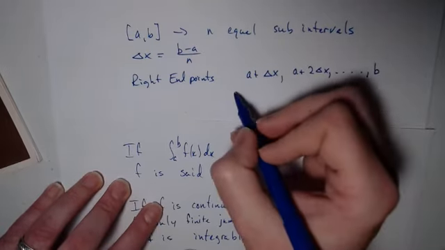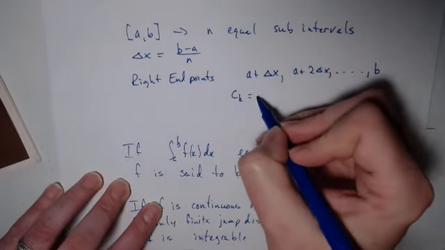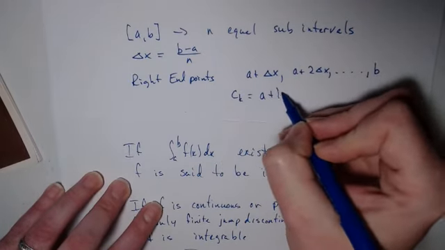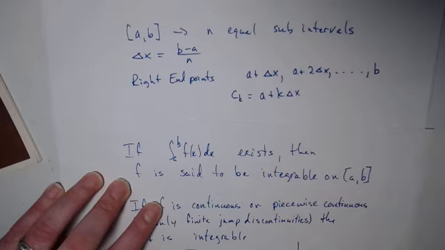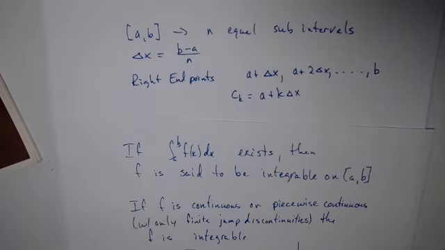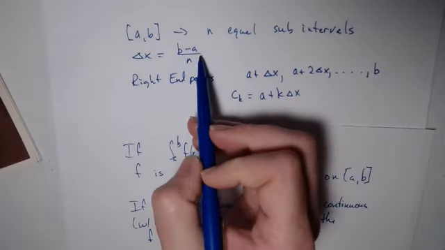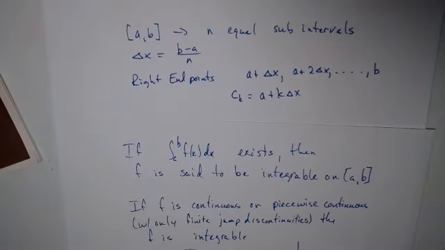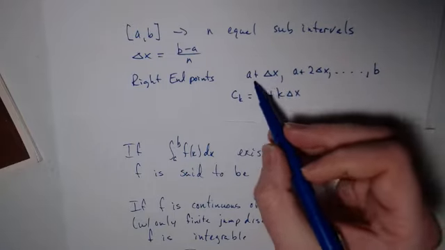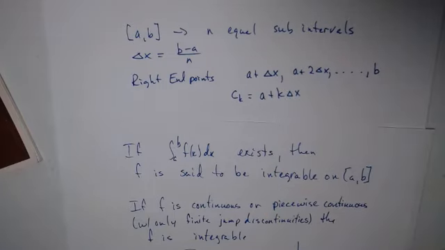The formula for that is ck is equal to a plus k times delta x. When k is n, that's going to be a plus b minus a, so that's just going to be b. And when k is 1, that's going to be a plus delta x, which is my first right endpoint. And so you can see why that would work.